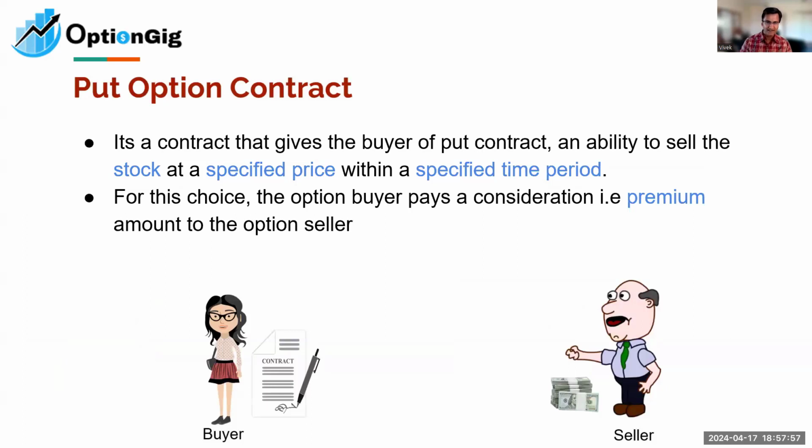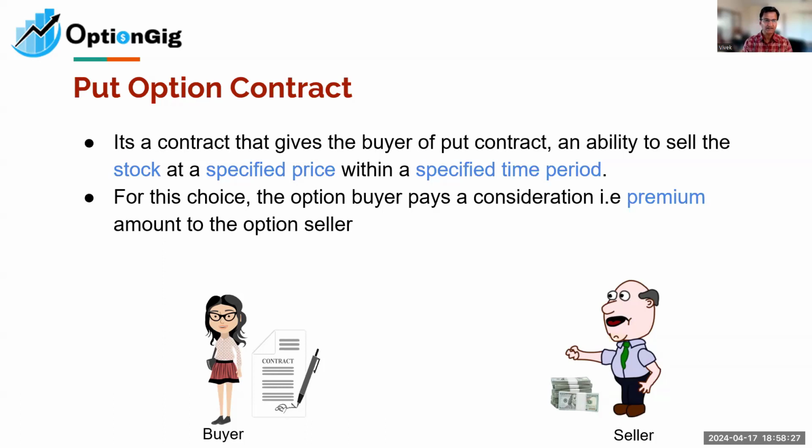But to get this right, Martha had to pay a consideration, which in the option world we call a premium paid on that option. And she pays that premium to the option seller. So there are always two parties to any contract: buyer and seller. I'm talking about who is buying the contract, not the underlying stuff.